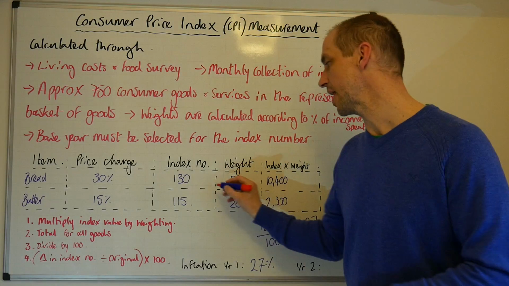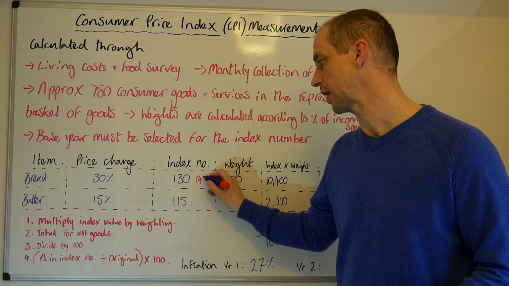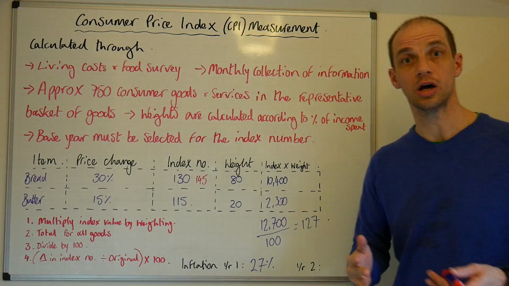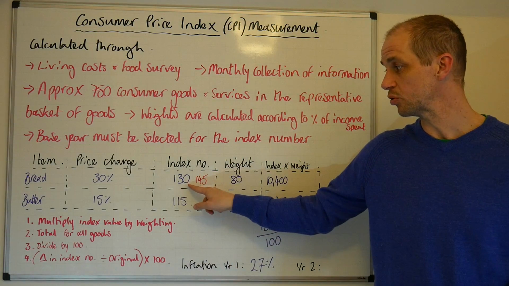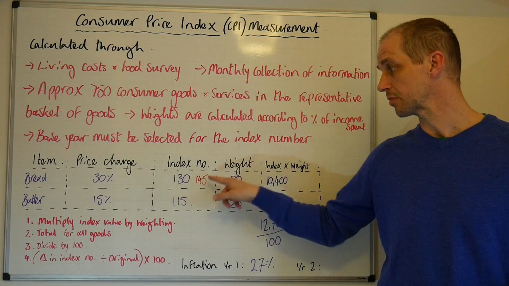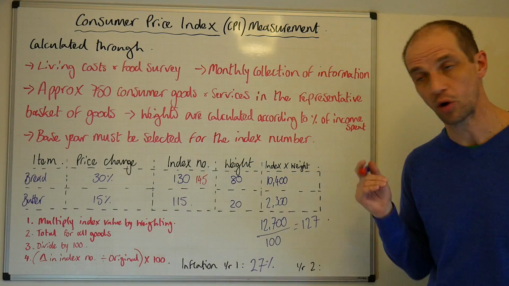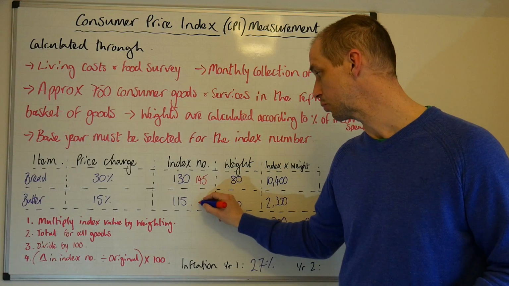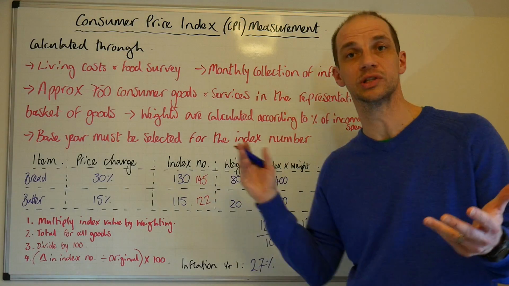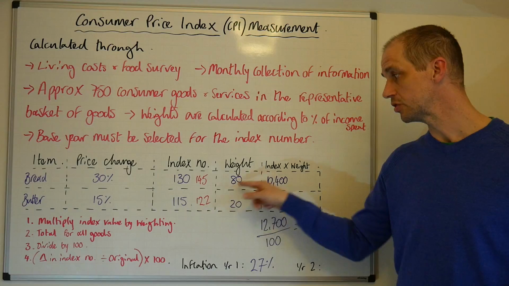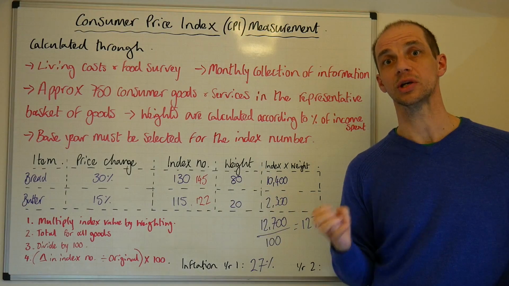Right, so let's now have a look at some different index values. Let's have 145. So we can see it's now gone from 130 up through to 145. For butter, meanwhile, this perhaps may have risen to 122. The weightings of these goods are still the same.